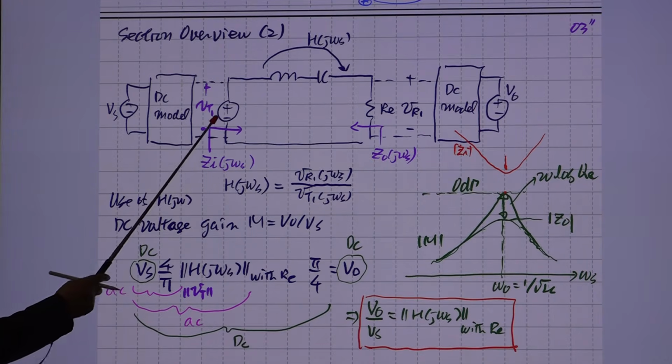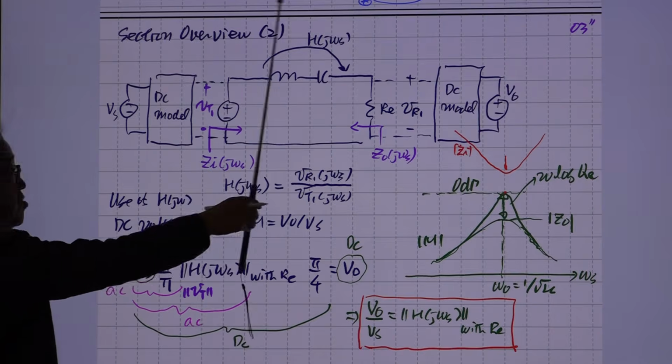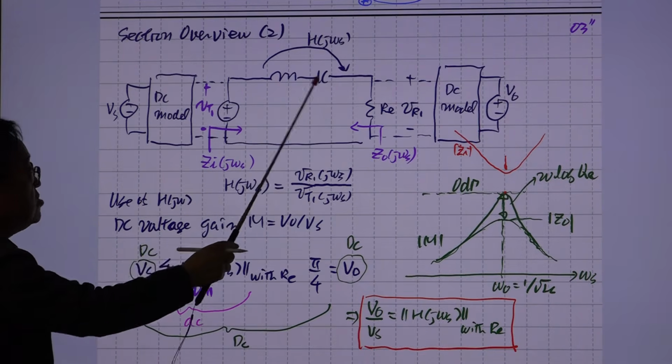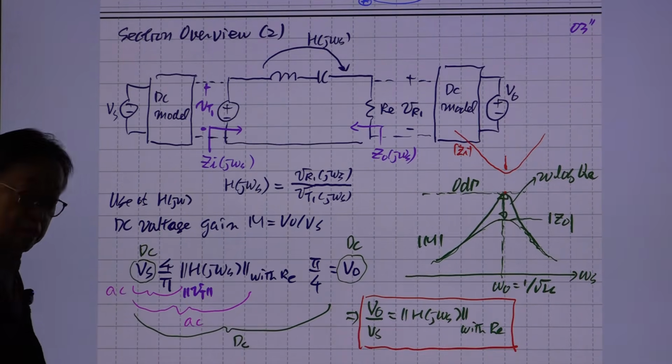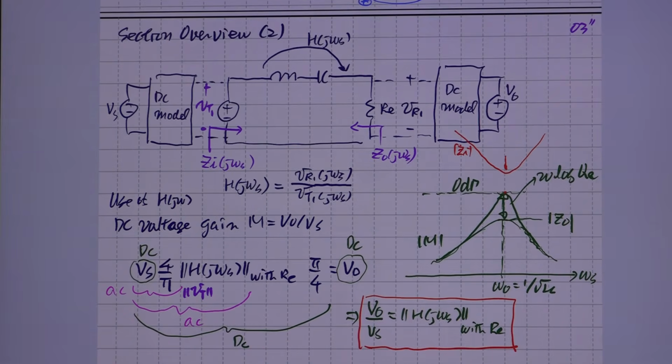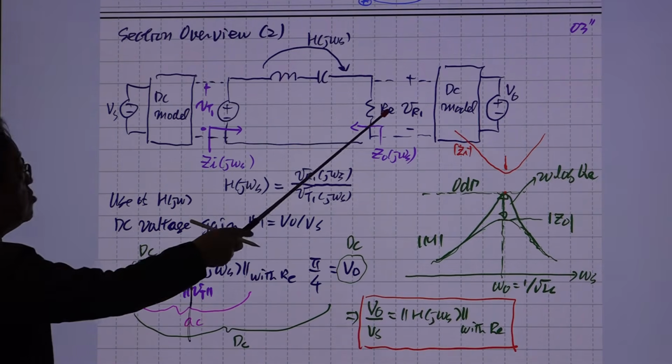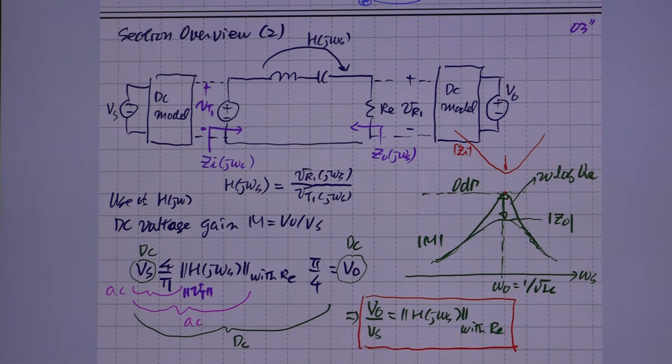And this is the transfer function from this to that, which is simply the transfer function of this tank circuit, evaluated at the switching frequency. If you multiply that, then you will have the magnitude of this, VR1. So this gives you the numerical value of VR1.